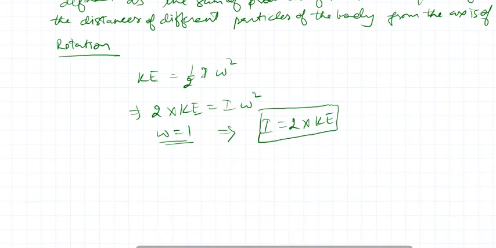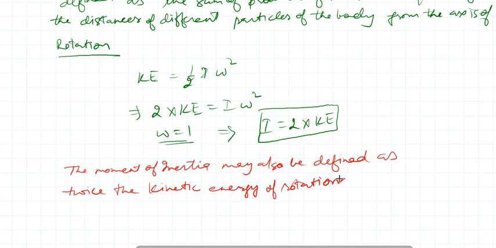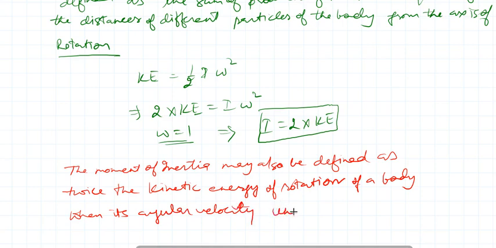So we can say that the moment of inertia may also be defined as twice the kinetic energy of rotation of a body when its angular velocity is unity.